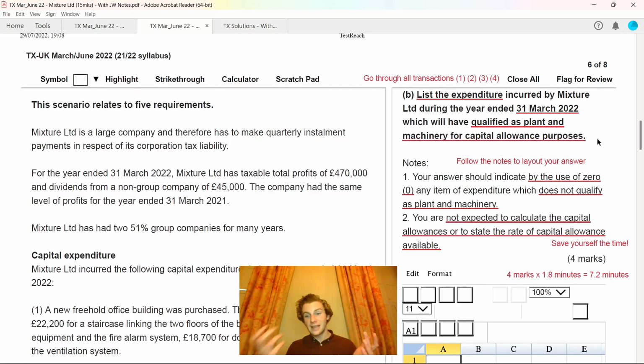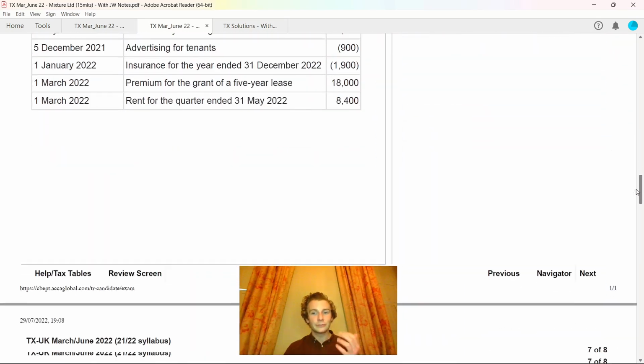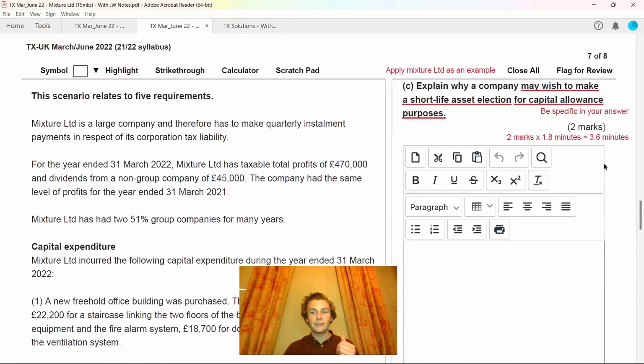In other words, save yourself some time, only answer what the requirement is asking for, because you've only got just over 7 minutes. And if you watch the external examiner's video where I review these questions, they always say students run out of time and they don't answer all of the elements, so just be aware of that.